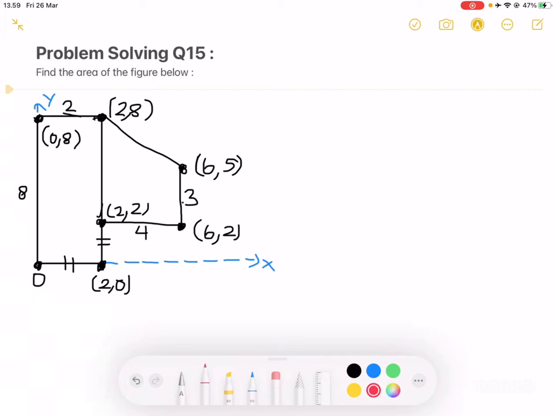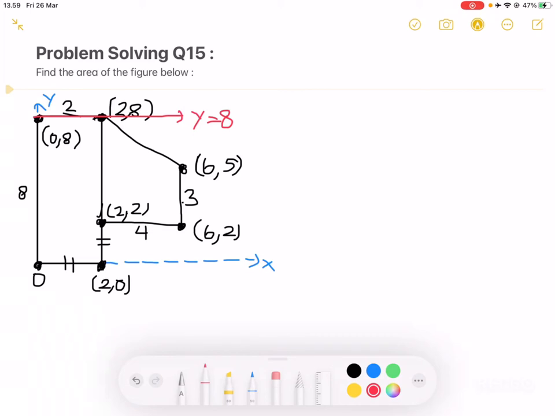Now we're going to do some marking of the equations of lines, but only some of them because we're going to use some of them. So the first one will be this line right here, this horizontal line, and the equation here will be y equals 8, since this line is always on the coordinate y equals 8 in this case.